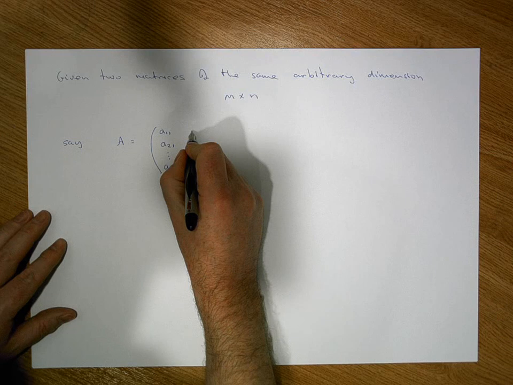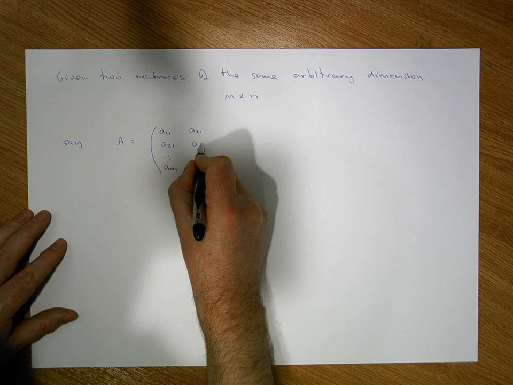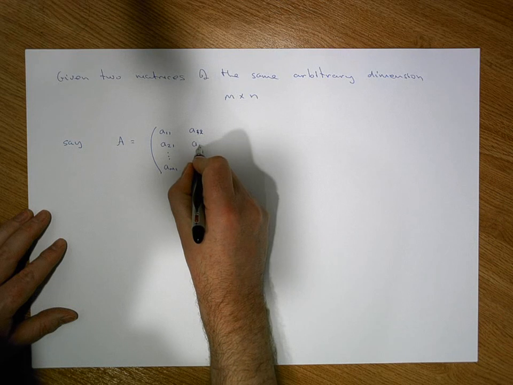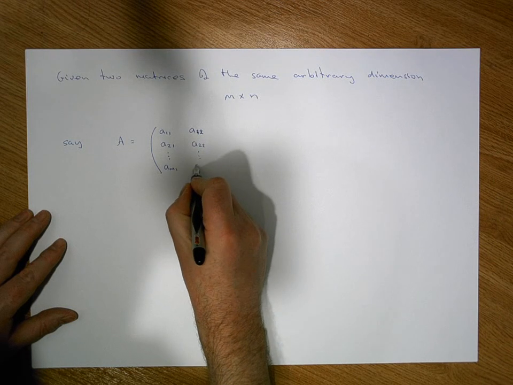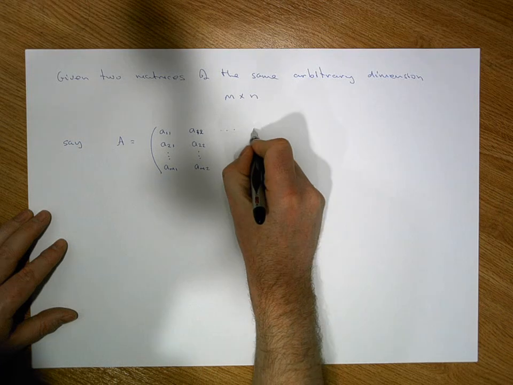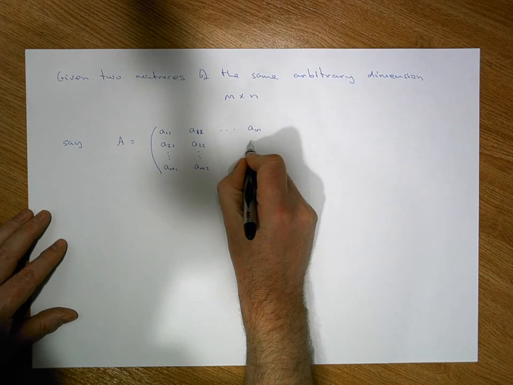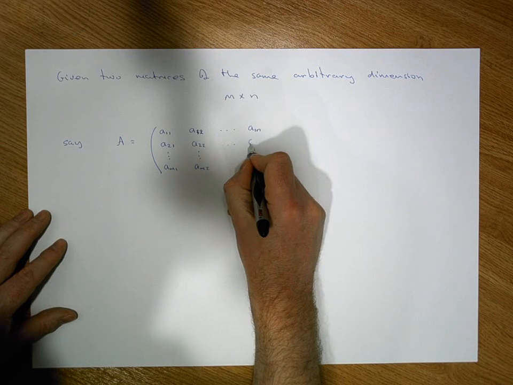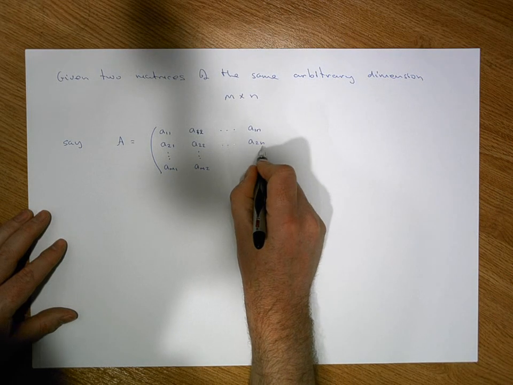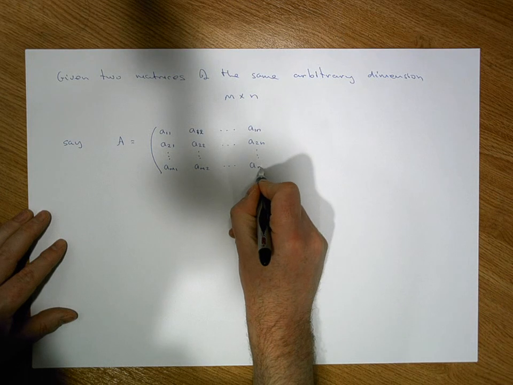In the second column, it would be A12, A22, all the way down to AM2. In the nth column, the first entry would be A1n. The next entry would be A2n to signify it's on the second row, nth column, and so on and so forth. We'd have AMN.